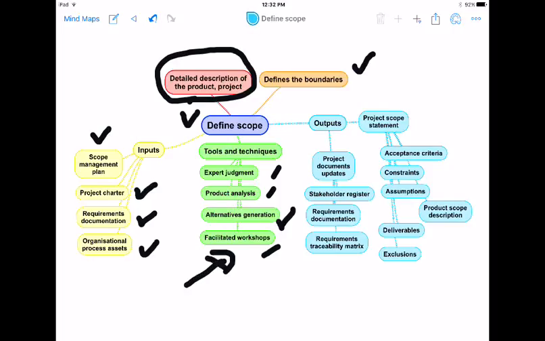I still remember after requirements collection, the scope increased drastically with respect to the existing system. We were building a new system. Then we got into a facilitated workshop with key stakeholders.